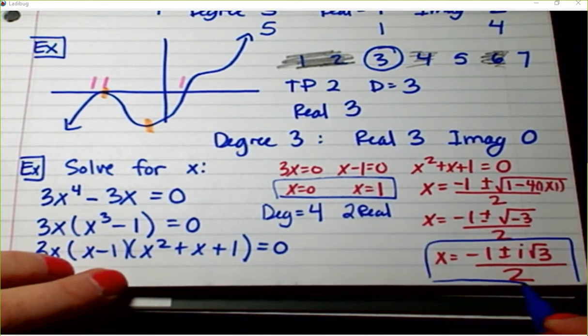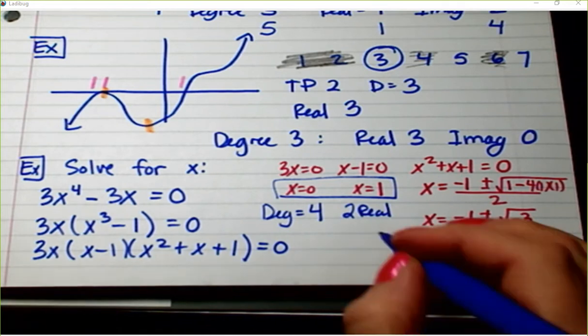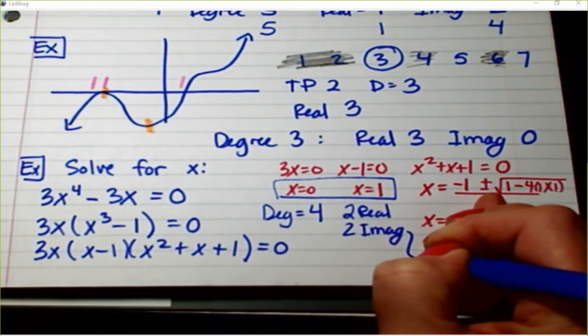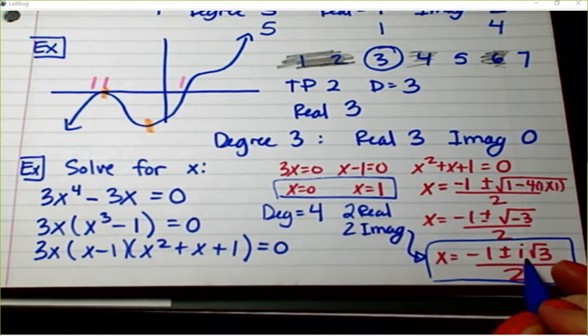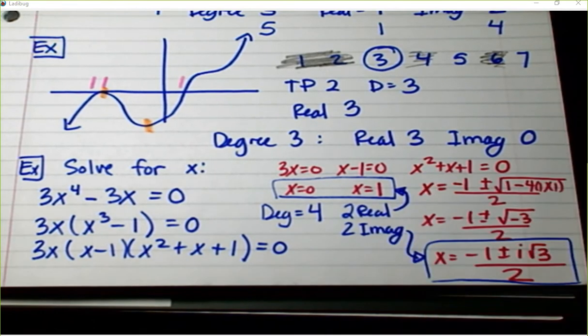If you were to put this graph in Desmos, you would get the same type of information based on the x-intercepts that you would see. So there's 2 imaginary, because I got the i. Here's the real, because there isn't an i.